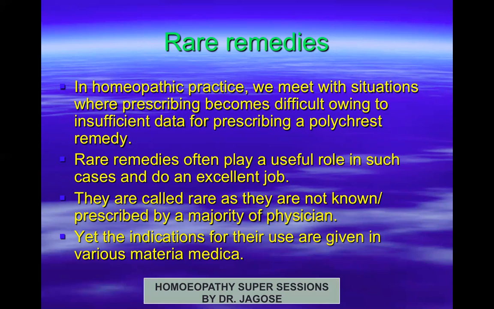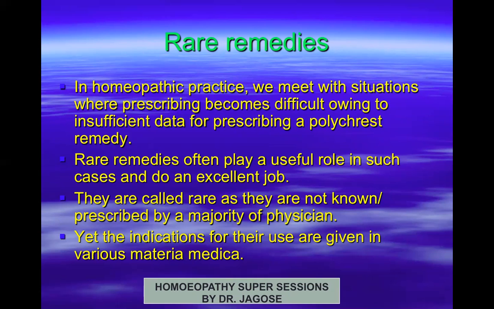They are called rare as they are not known or prescribed by the majority of physicians. And yet, the indications for their use are given in various materia medica. If you see our Boericke's materia medica, there are remedies which have only around 8 to 10 lines, that's all. And in these 8 to 10 lines, there are 1 or 2 lines written in italics.